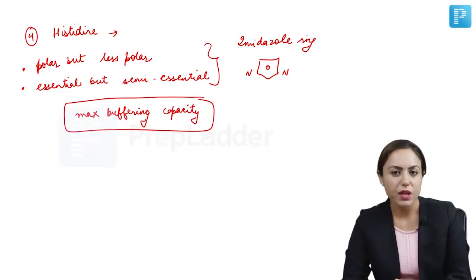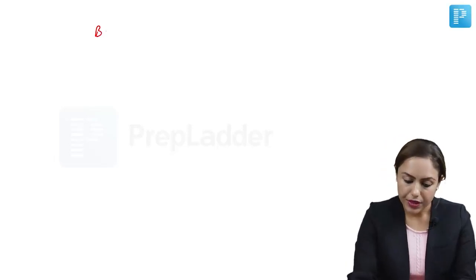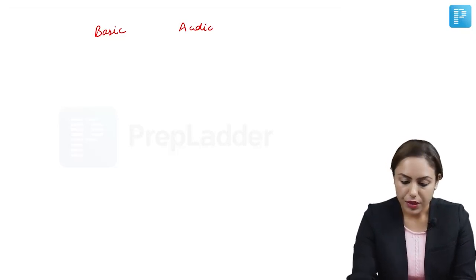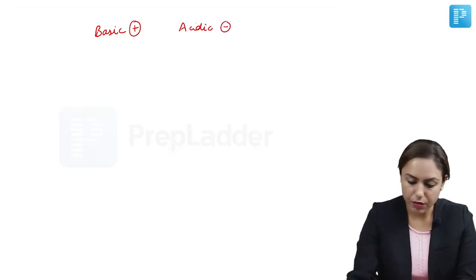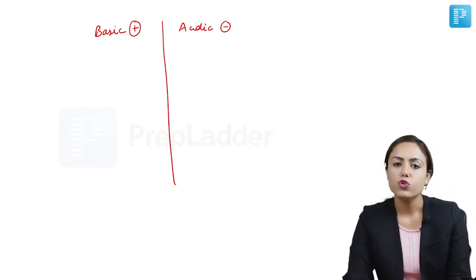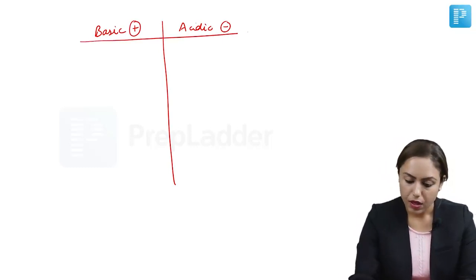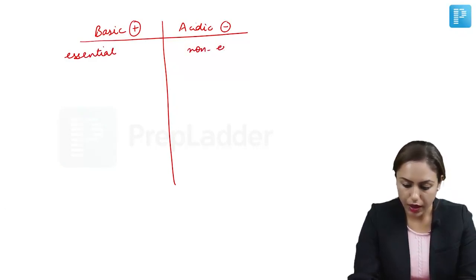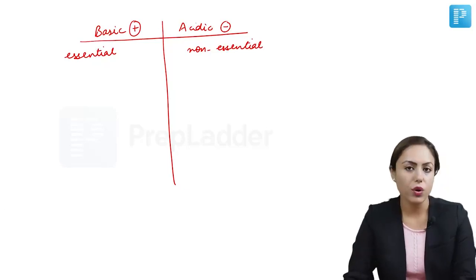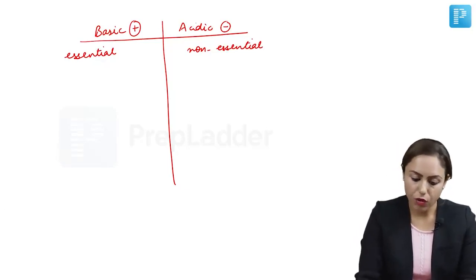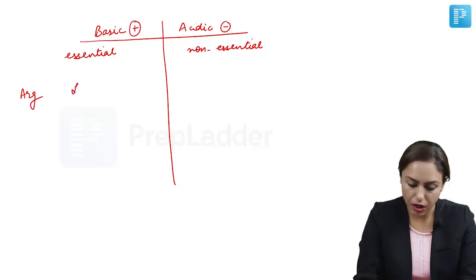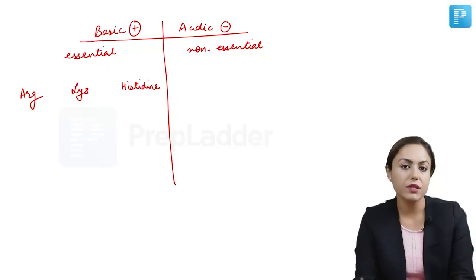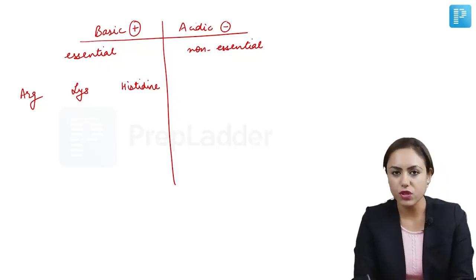Next, let's do basic amino acids and acidic amino acids. Basic amino acids have a positive charge, acidic amino acids have a negative charge, so both are polar. All the basic amino acids are essential, and all the acidic amino acids are non-essential. Examples of basic amino acids are arginine, lysine, and histidine, which we also take in this category because it has a positive charge.